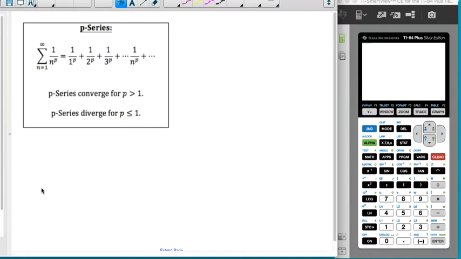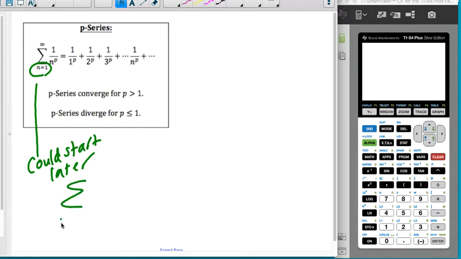Now, a couple things about a P-series. The reason I said that it could start later is that it doesn't have to start at 1. It wouldn't matter, because if you have the sum from n is, let's say, 10 to infinity, losing those first 9 terms doesn't make a difference.